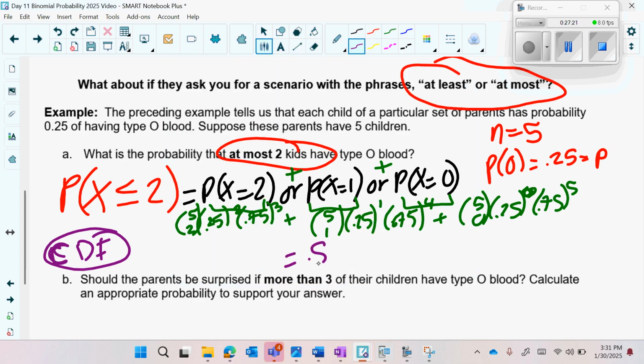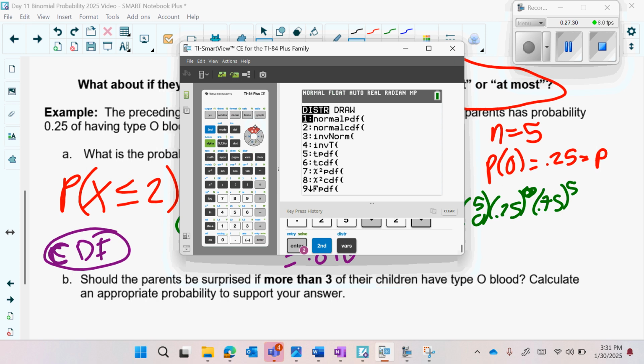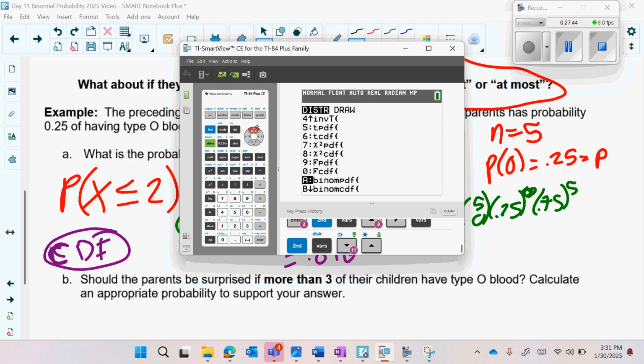So we get 0.896-ish. And I want to show you that if I had done binomial PDF for the same thing, I think it's worthwhile to show you. If we had done binomial PDF for 0, 1, and 2, and added it all up, we would get the same answer.